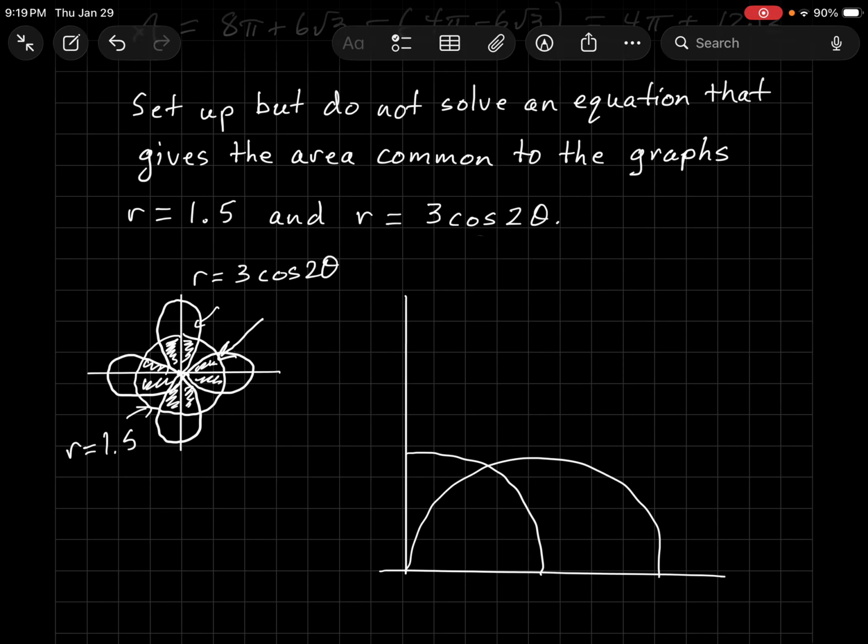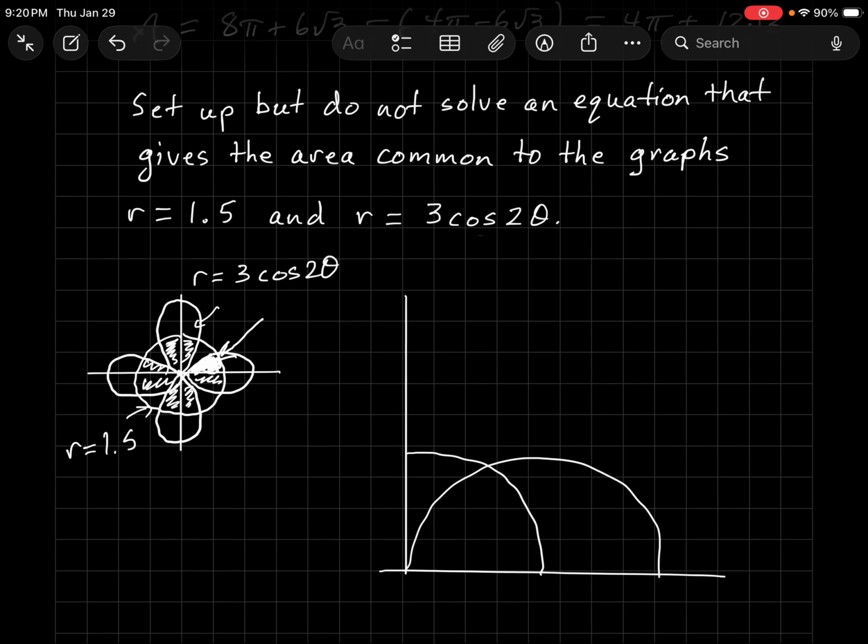But I want to find an area, and it'll be this piece here. That's what I've drawn in the graph on the right. And to find the final area, I just need to multiply it by 1, 2, 3, 4, 5, 6, 7, 8. So let's find this blown up, exaggerated portion in the first quadrant.